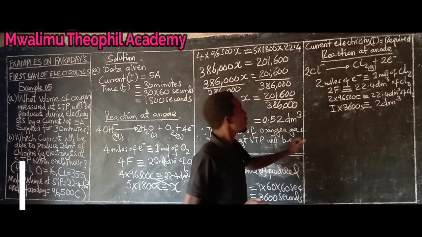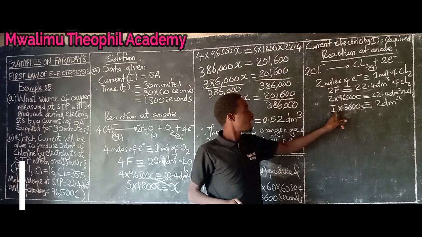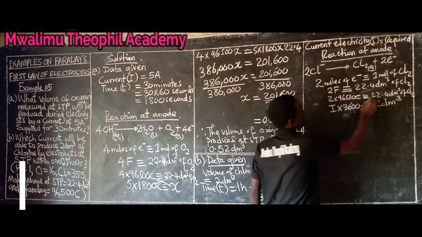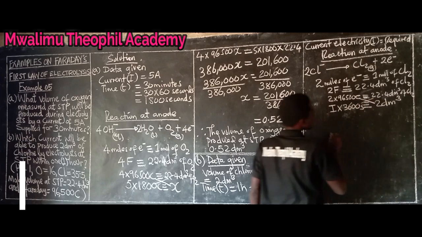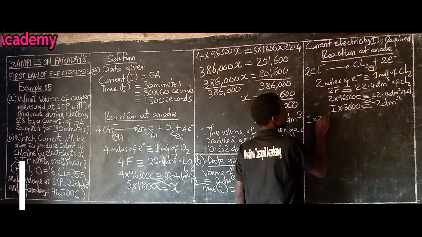So here we will be capable of finding the value of I, which is the current. To get it, let us cross multiply.